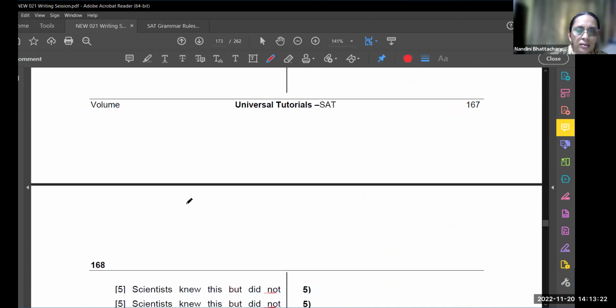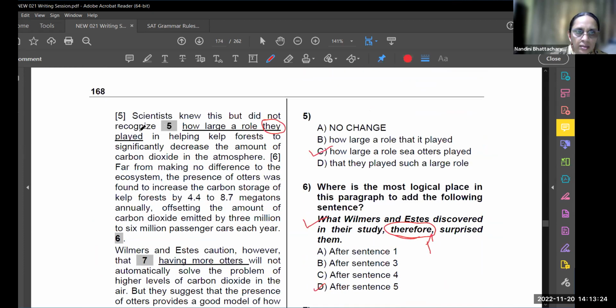And in sentence 5 and onwards, 5, 6, they're talking about what they discovered and why they were surprised. So this particular sentence will come only after sentence 5. So it will be a concluding sentence. So your logic should be clear, right?